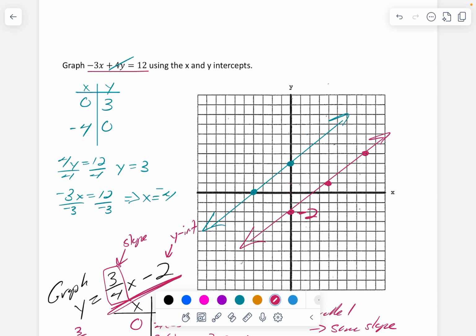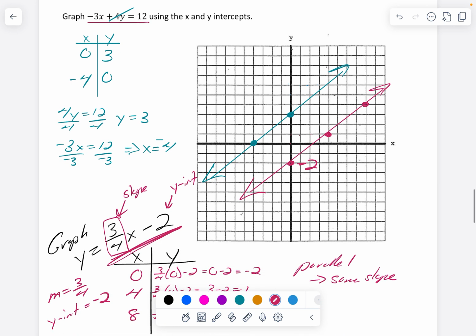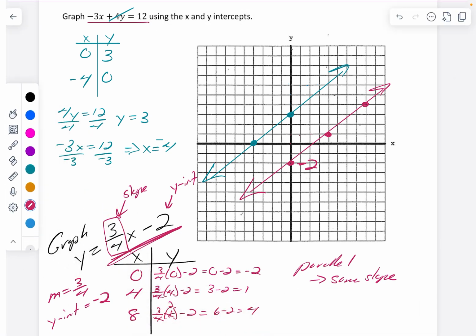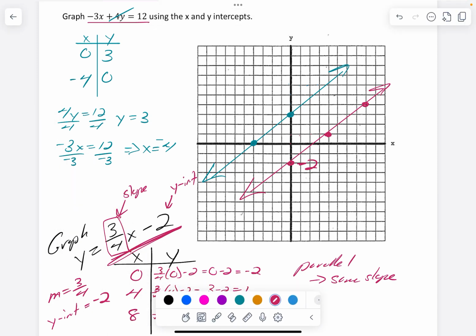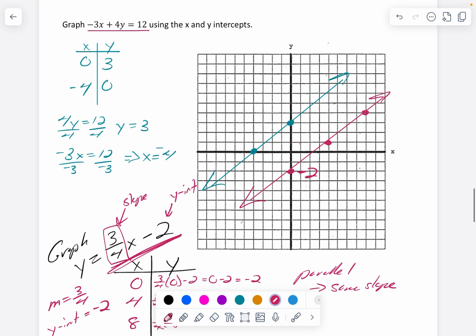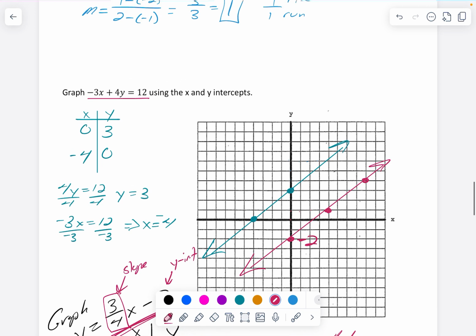This equation right now is in standard form, but I wonder if we put it in the other form, if we would notice the same slope. Let's see. I did not give myself a lot of room here, so I'm going to squeeze it up here on top.